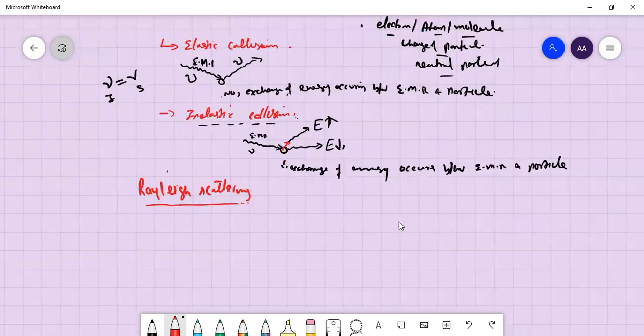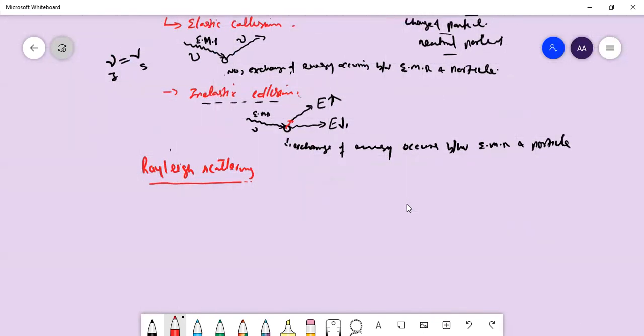The second phenomenon, based on whether the interaction is elastic or inelastic, is the Compton effect, which we have already studied in our earlier classes. So let's see what we mean by Rayleigh scattering and the Compton effect.